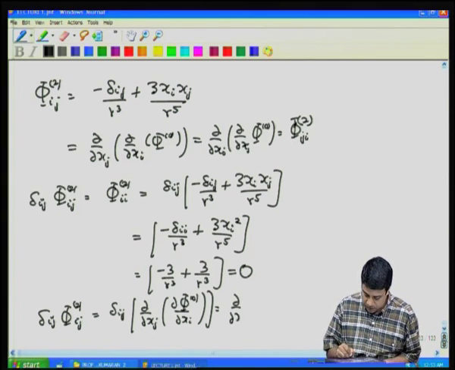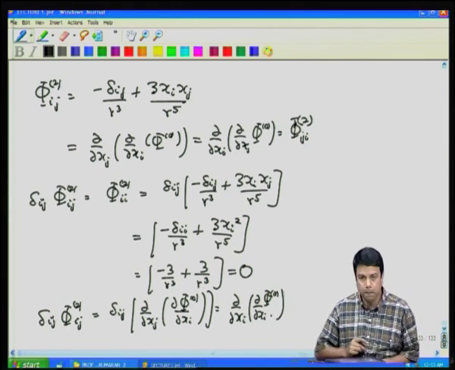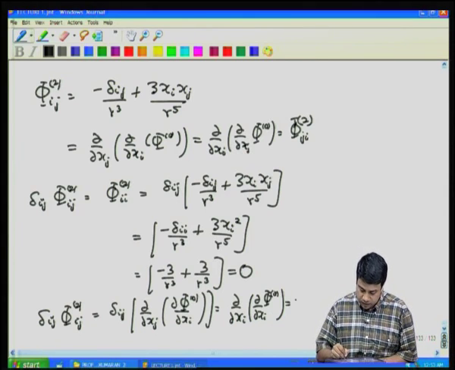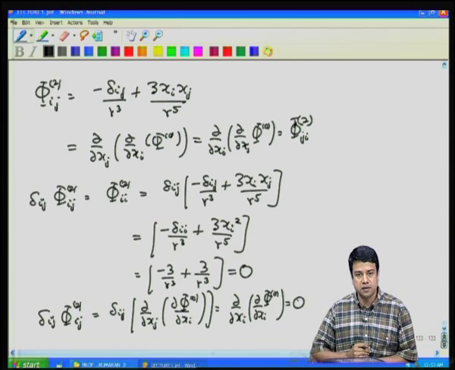And I will get partial by partial x i of partial by partial x i of phi naught, which is the Laplacian of phi naught, which has to be equal to 0.